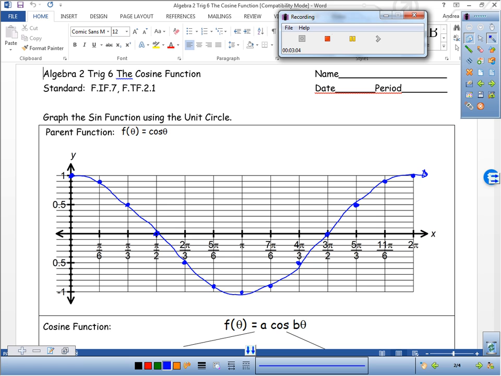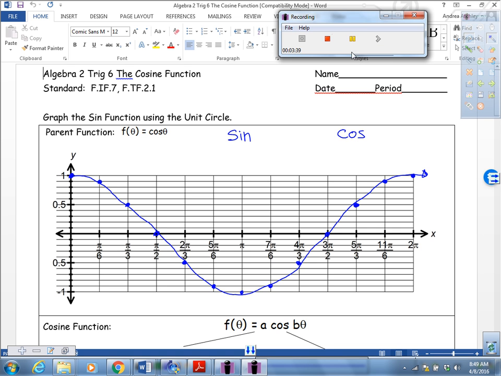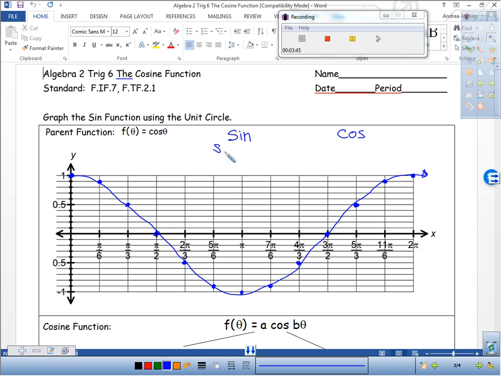Write something down, please. Just write it above here. Sine and then cosine. What is the same? What's different? Their curves are different because sine starts at 0 and cosine starts at 1.